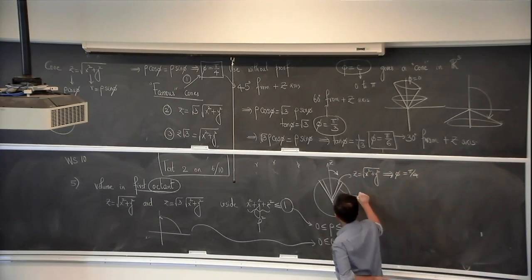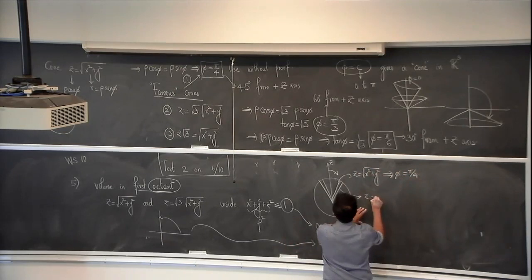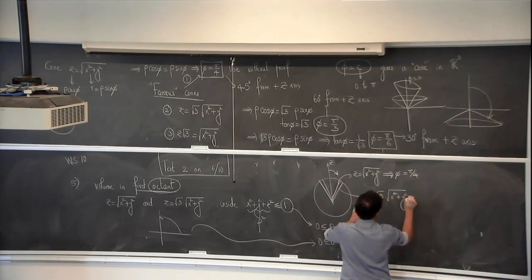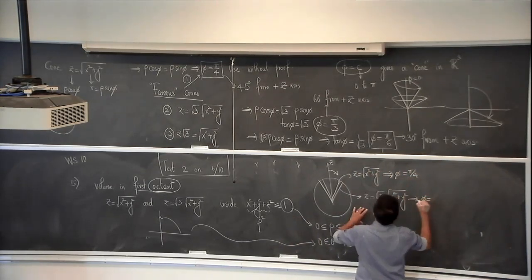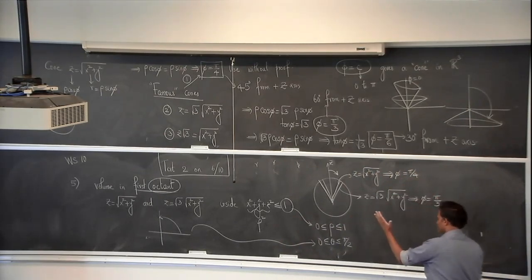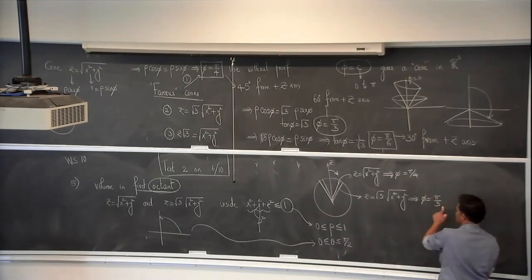And this is the less steep one. So it's z equal to square root of 3 times the square root of x squared plus y squared. And that is phi equal to pi over 3. Again, that looks bigger, but you're measuring from the positive z-axis. So 45 is hit first, 60 is hit second.